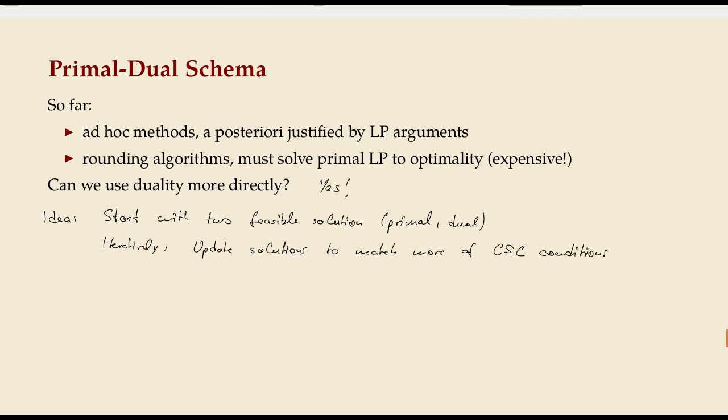We'll see in a second that really the complementary slackness conditions give us exact pointers how we should change our current solution candidates so that they improve. If we can do this until all are satisfied exactly, we get an optimal solution. So this is very good, but we will usually not be able to do so.